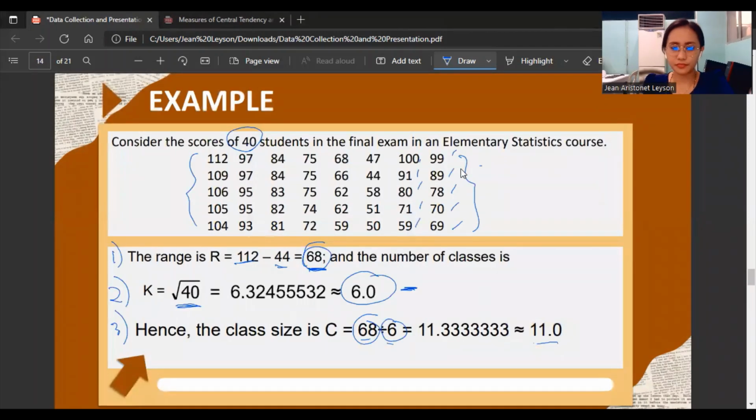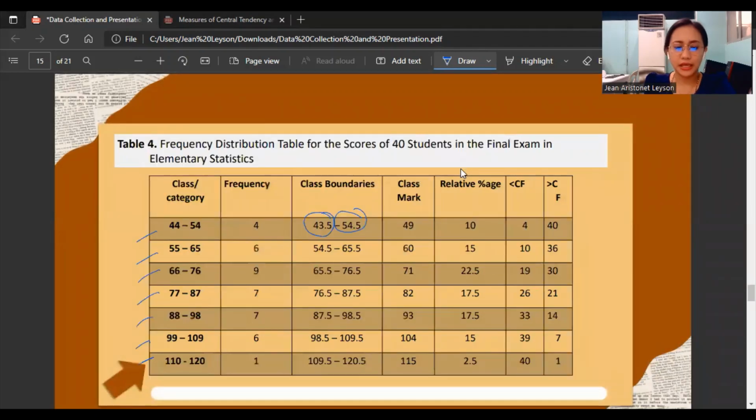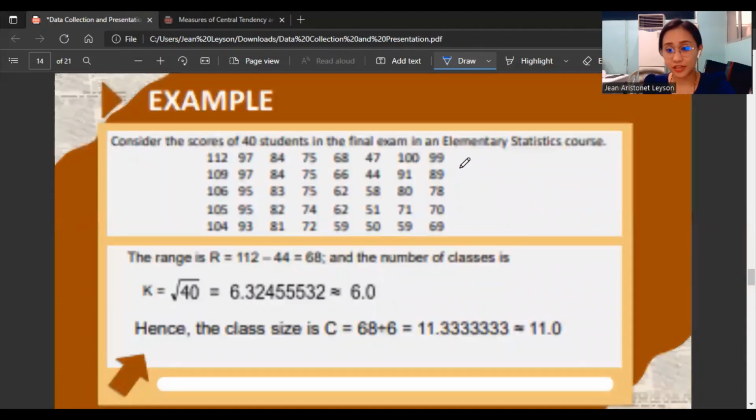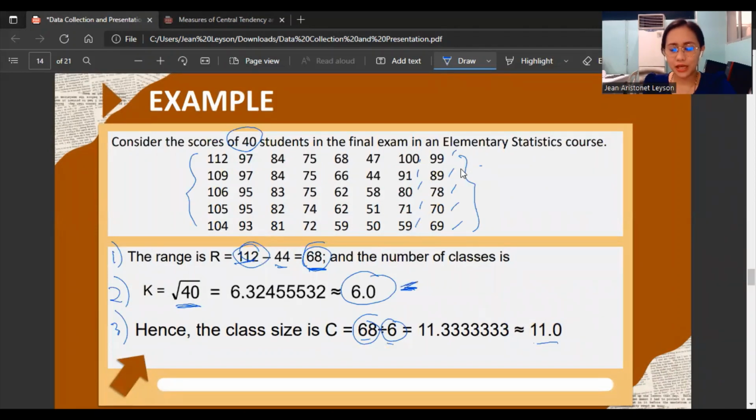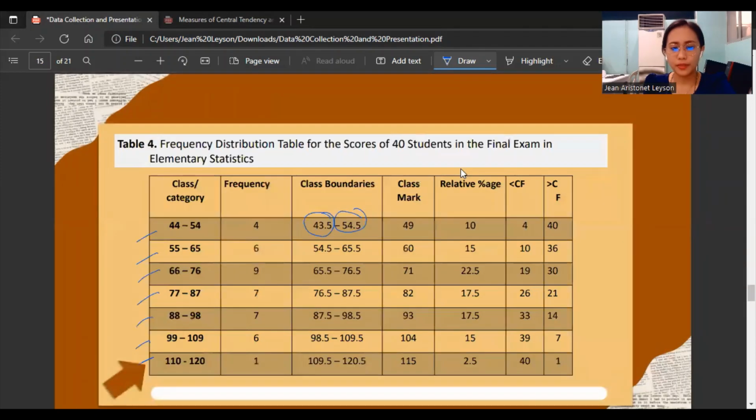Because we still need to include the highest number here, which is 112. So we included a last interval here so that 112 will be taken into consideration. There are cases that our class will exceed the one that we have solved.